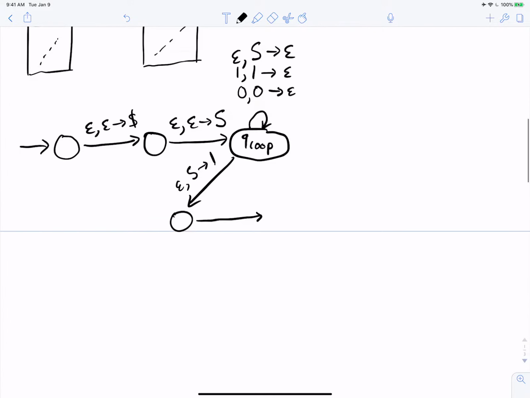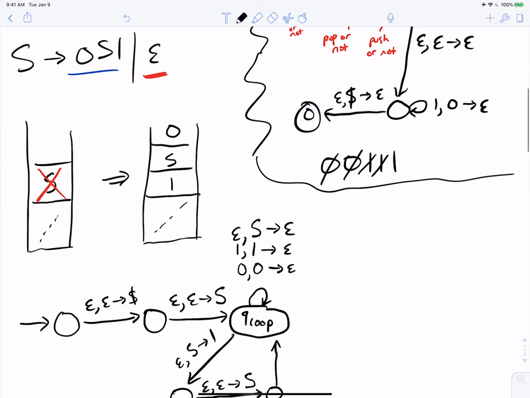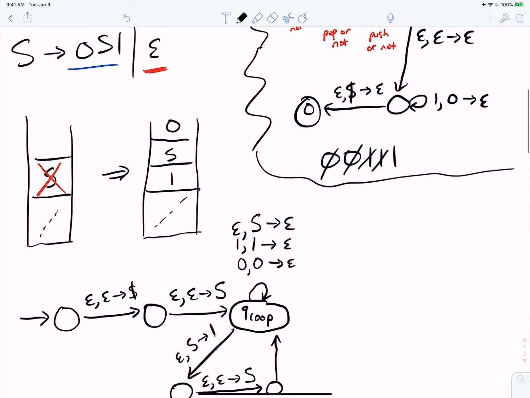Yeah, S. And we shouldn't pop anything here because we just pushed the 1 on. So epsilon goes to S. And then finally, what is the very last thing that we need to push for this particular rule? 0.